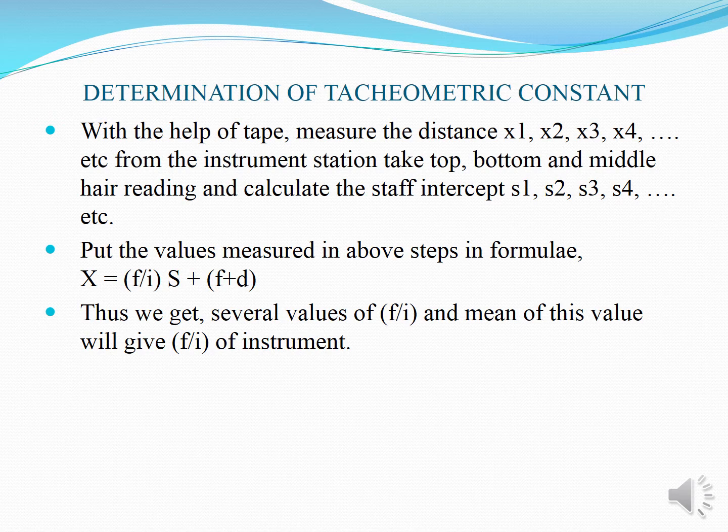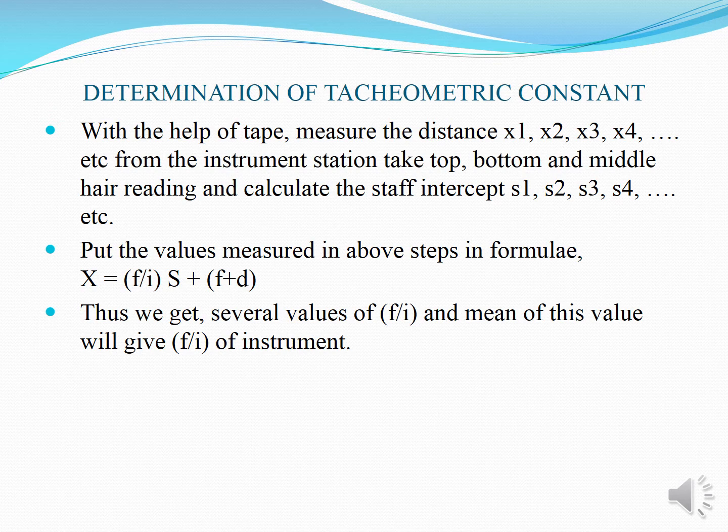Take the top, bottom and middle hair readings and calculate the staff intercepts, that is s1, s2, s3 and s4. We can calculate the staff intercept by taking the difference between the top hair reading and the bottom hair reading, which gives the respective values of staff intercept at points 1, 2, 3 and 4.